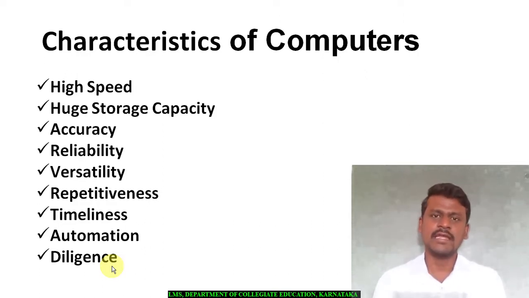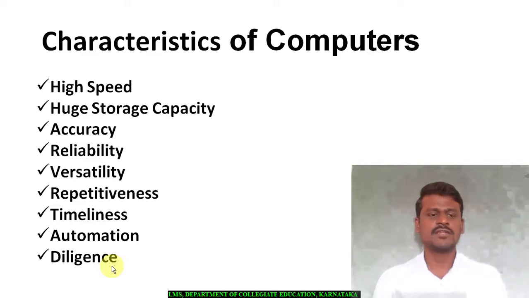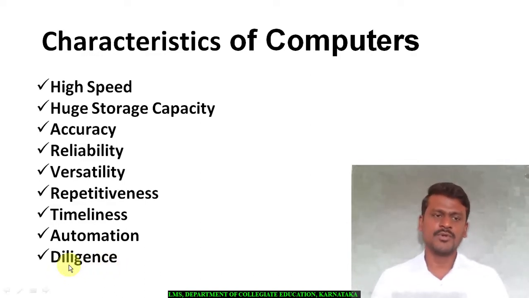So it will not get tired until and unless you cut its power connection, right? So that is the main reason for diligence, and it is one of the characteristics of computers. These are the important characteristics of the computer, right? Hope you correctly got the characteristics.